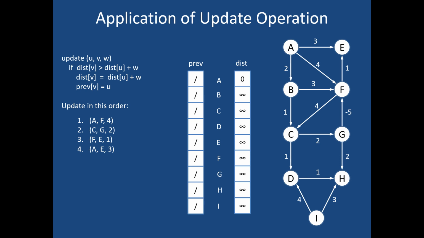Try out update right here. So what will happen when we run update on AF4, on the edge from A to F, which has weight 4? What will change about the previous and distance array? So this is the initial state.